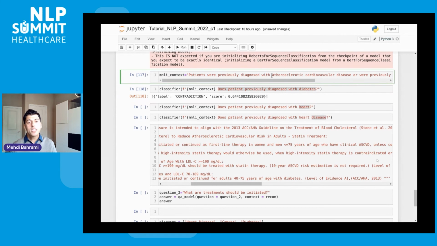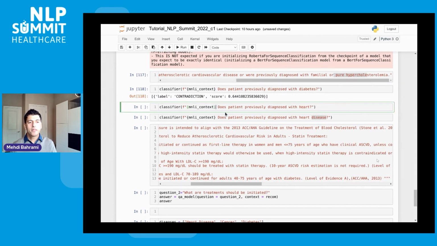As you can see, it returns the contradiction. By processing this context, the different answer actually exists, but it's not something we semantically need to understand. So that's the reason it returns the contradiction.